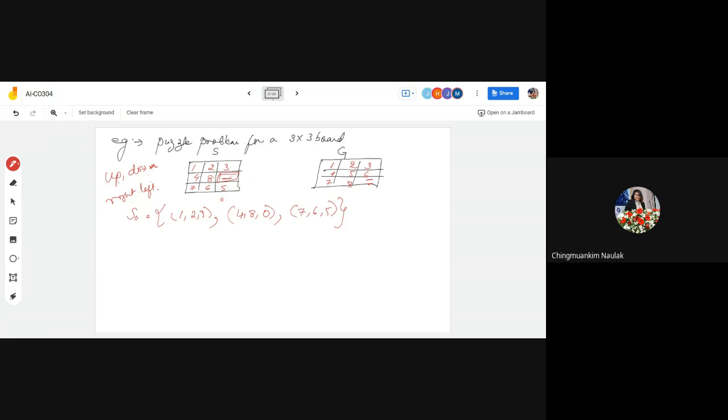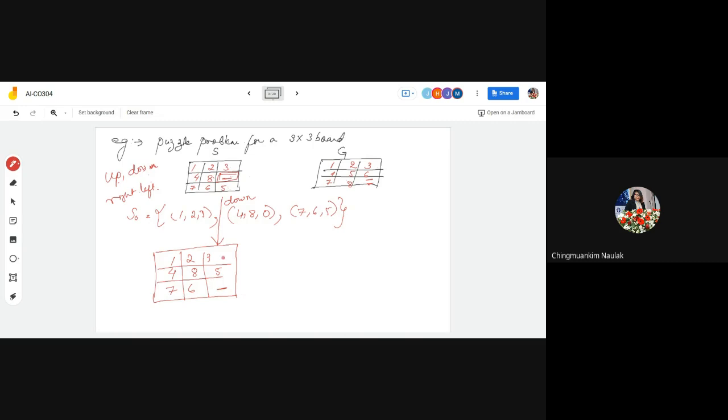Let me do this downward operation. If you perform the downward operation, you will get 4, 8, 5. 5 will move upward now, right? The empty cell comes downward. 7, 6.